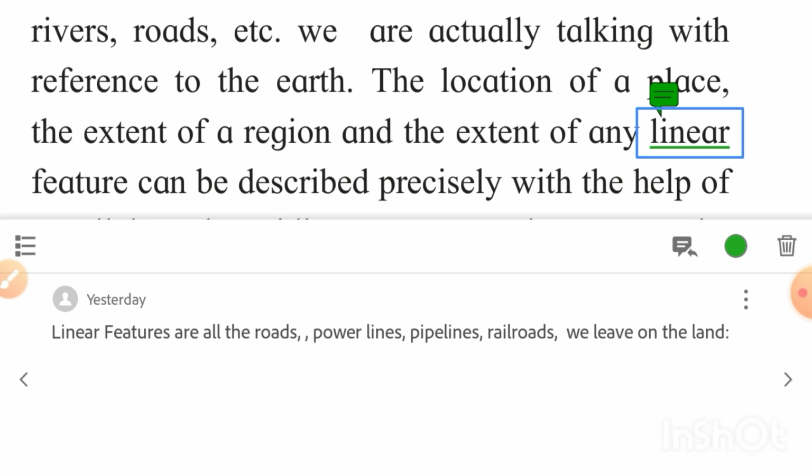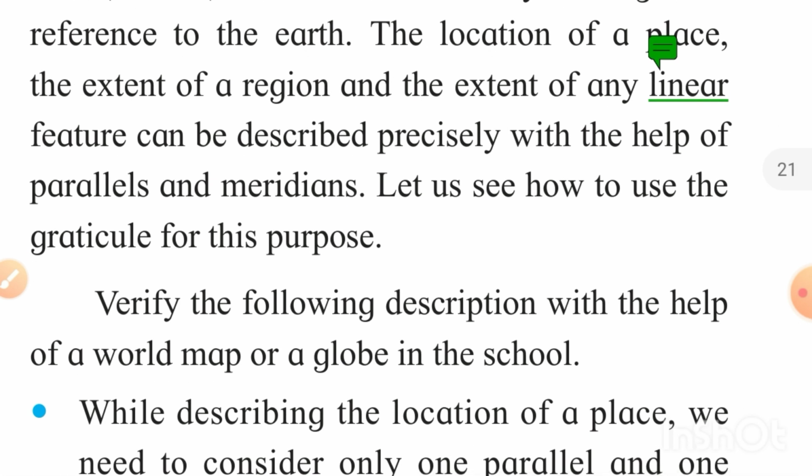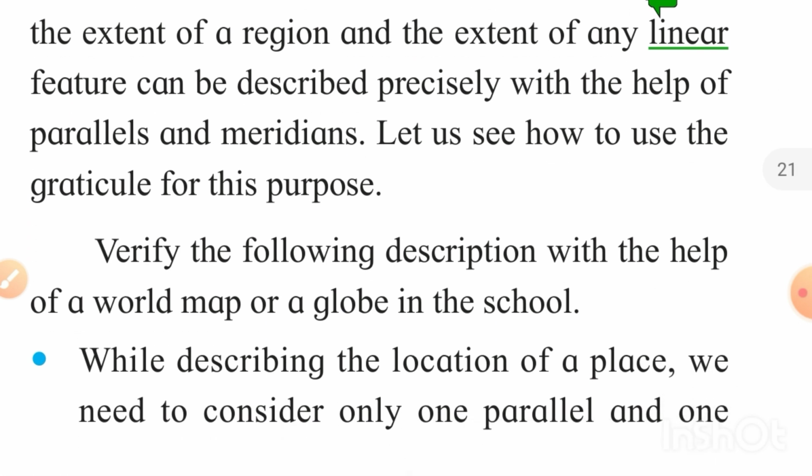So all these linear features can be described precisely with the help of parallels and meridians.